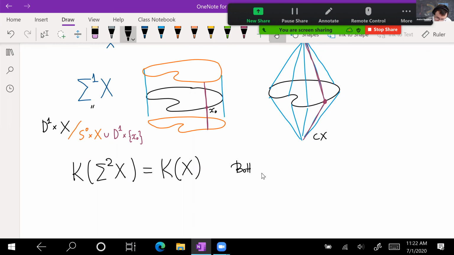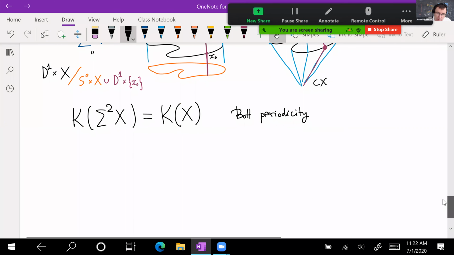Maybe I'll explain why it is. What is K theory? In general, if I have the C^r bundles over X, we discussed this, but let's go over that one more time.